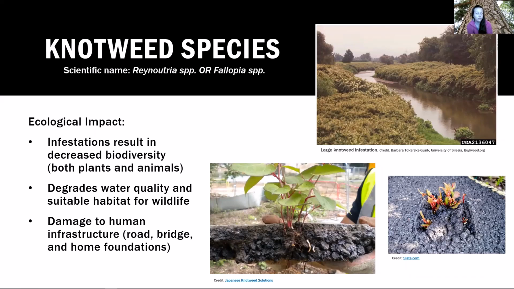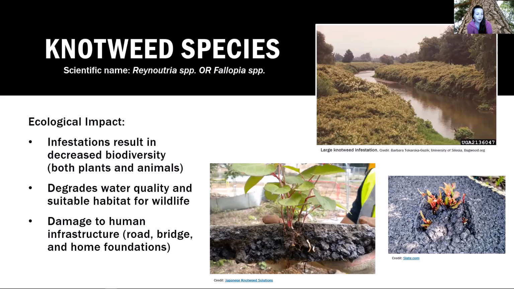Places like that will also have degraded water quality, because in storm events, that river will be eroded over and over again, because the knotweed that's along the banks is not holding the soil. In fact, it's actually helping to loosen it. And so that area over time will change dramatically, and not in a good way, unfortunately, because of the presence of knotweed. You can see in the photos here on the bottom that knotweed is very hardy.